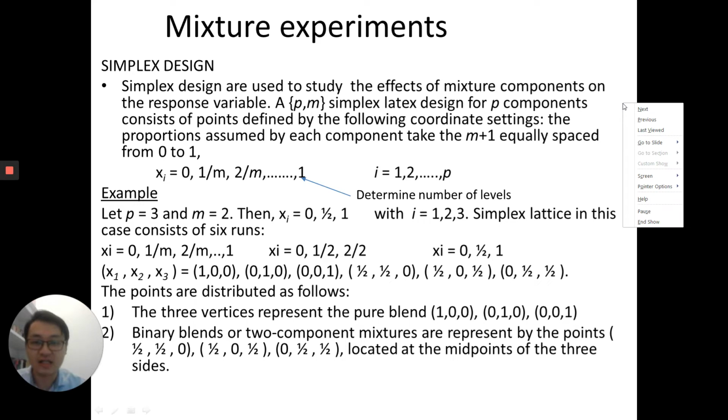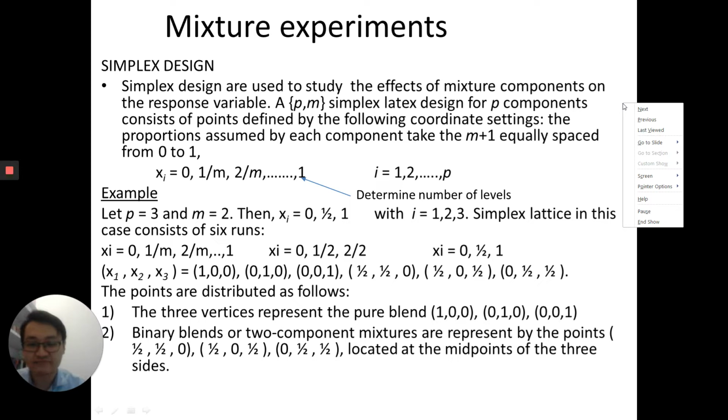A P and M simplex lattice design for P components consists of points defined by the following coordinate settings. The proportion assumed by each component takes the m plus 1 equally spaced values from 0 to 1.